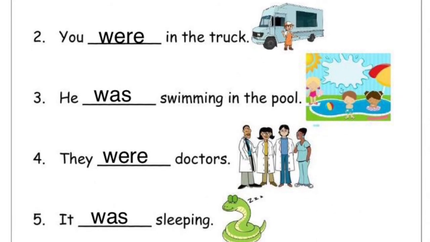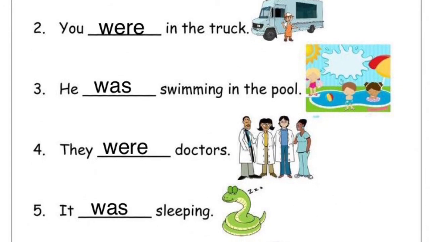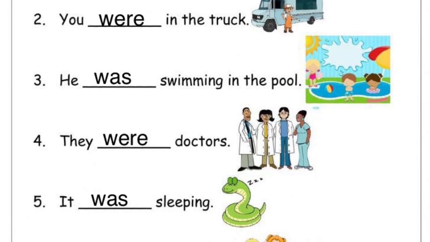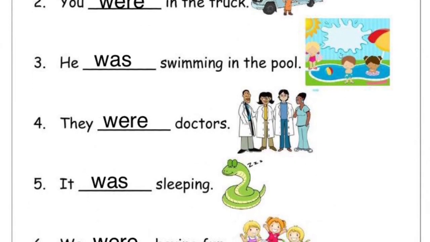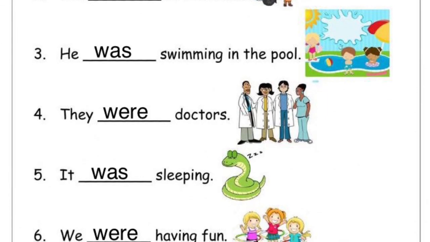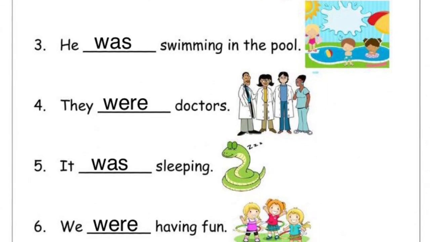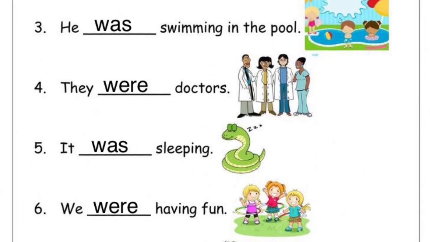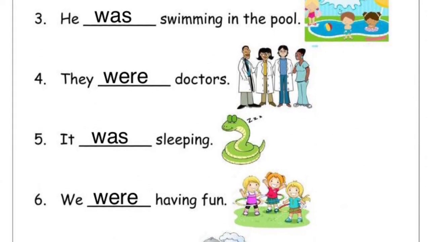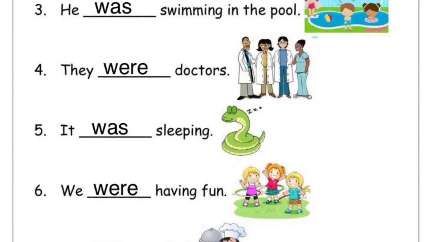Okay, next sentence, you were in the truck. Okay, he, singular, he was swimming in the pool. They, plural, so we have to use plural helping verb. They were doctors. Okay, it, singular, so singular helping verb, it was sleeping.